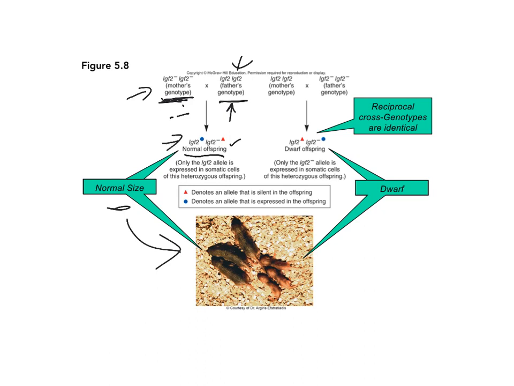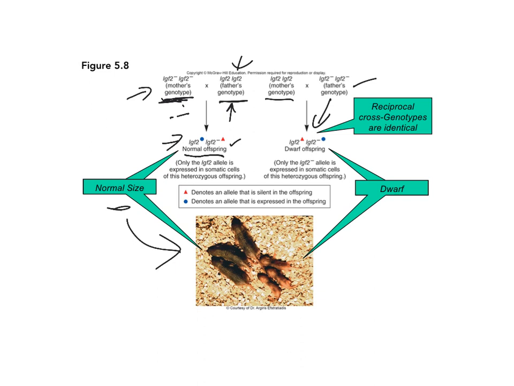Now, if we reverse this and we give the father both of the non-functioning alleles, again with true breeders, and the mother actually has the functioning alleles, what we'll see still is that the father's allele is the one that's being expressed.